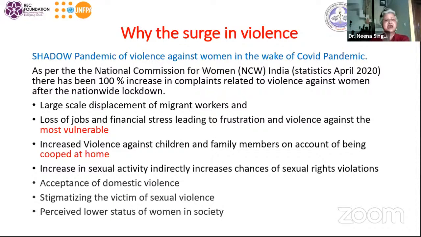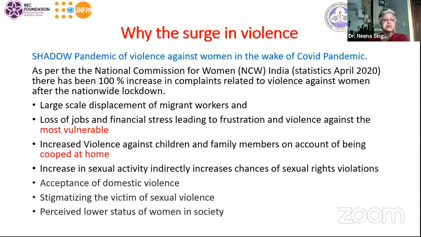Acceptance of domestic violence. Most of the times, people in our country at least, especially those belonging to the lower socioeconomic strata, think of domestic violence as a normal thing. So they don't think it is anything abnormal, and they normally accept whatever their husbands are meting out to them. Then there is stigmatizing the victim of sexual violence.